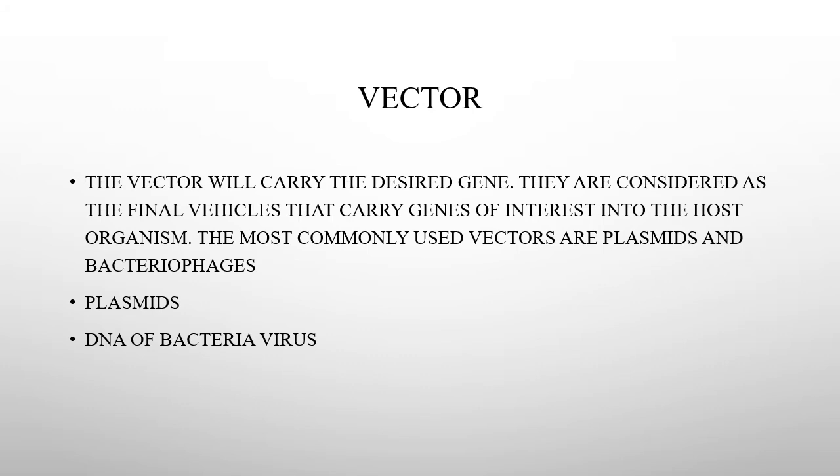What are plasmids? Basically, plasmids are natural extrachromosomal circular DNA molecules, and they are the most common type of vector. They can cause resistance against certain antibiotics, and they have a very significant role in bacteria.